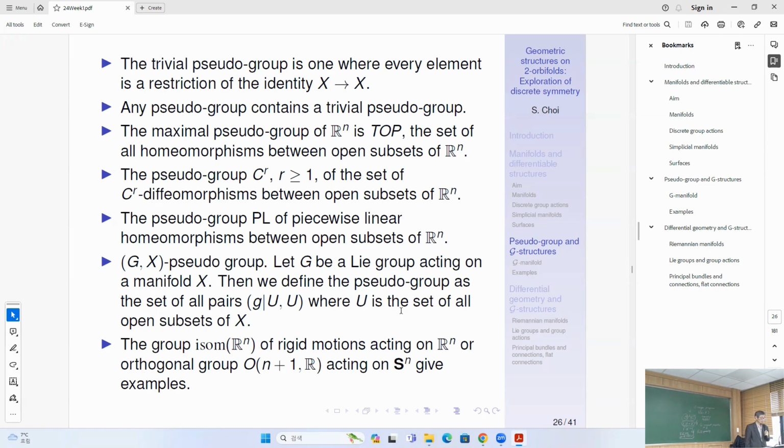You go through all the open sets of X. For example, the isometry group, which is the rigid motions acting on Rn, or also the orthogonal group, gives you these sorts of G-X pseudogroups.